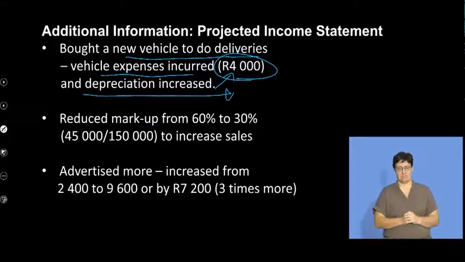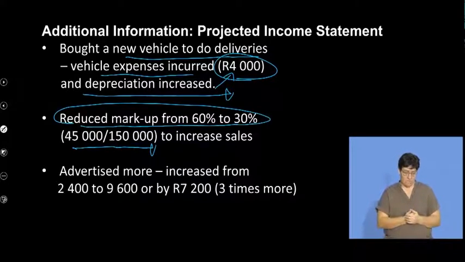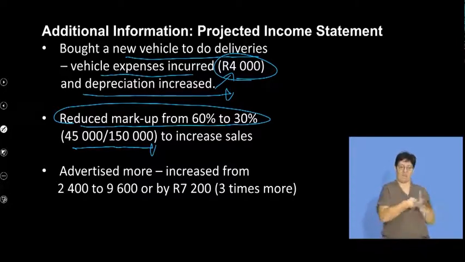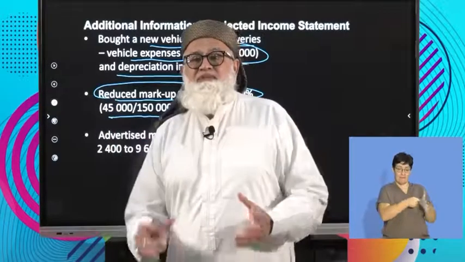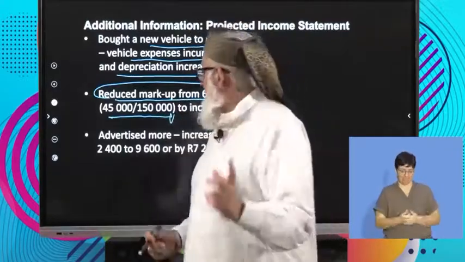There was a reduced markup from 60% to 30% in terms of your figures that are given to you. You can see that you reduced your markup to increase your sales. But now remember, by reducing your markup, you may increase your sales, yes, but this will result in your gross profit decreasing. Why is that?